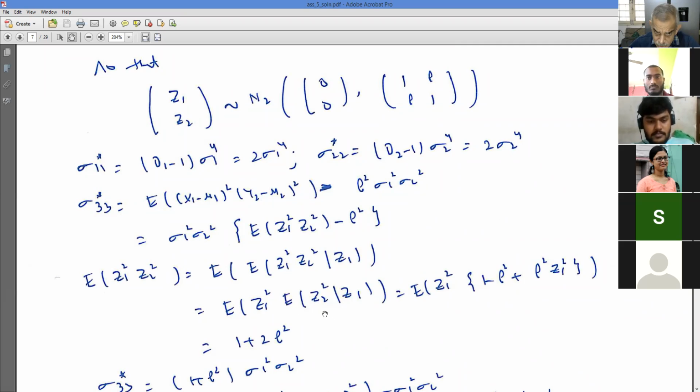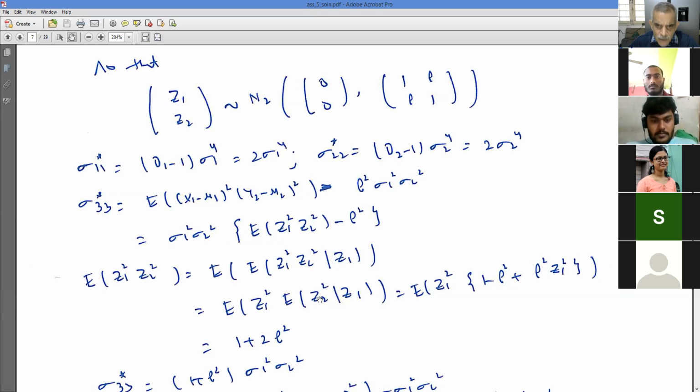To find expected value of Z2 square given Z1, you need to know the conditional distribution of Z2 given Z1. Z1, Z2 is bivariate normal. In the bivariate normal, what is the conditional distribution? Anyone? It's also a univariate normal. So you can find the distribution of Z2 given Z1, which will be a univariate normal.